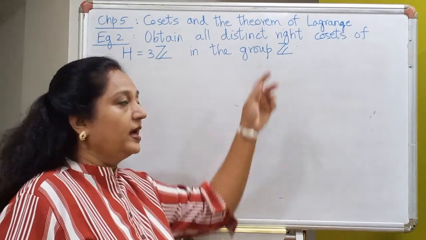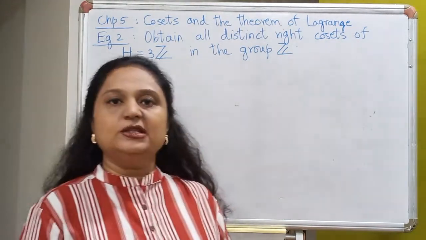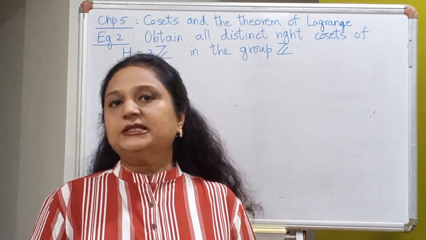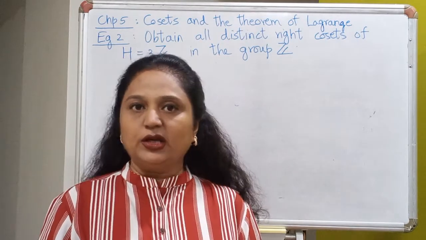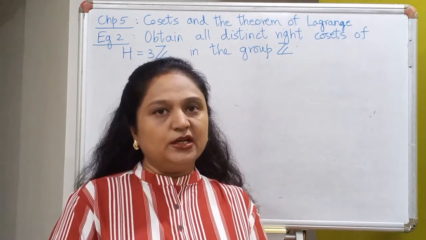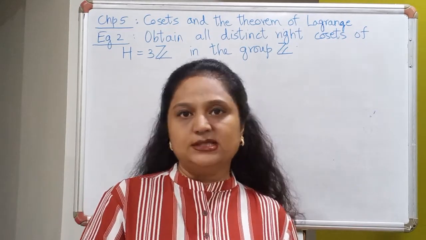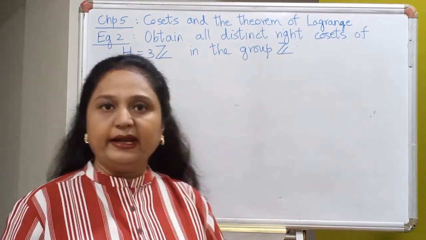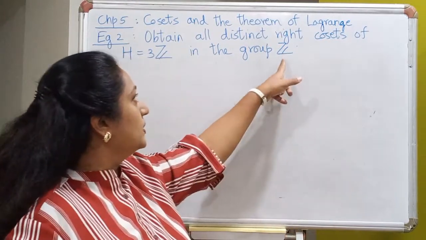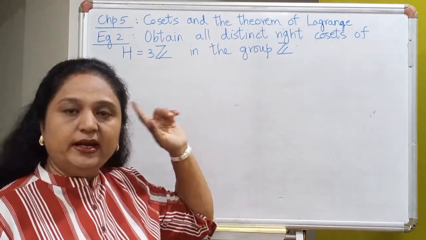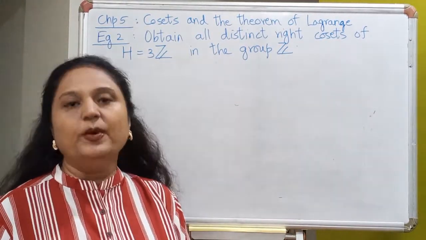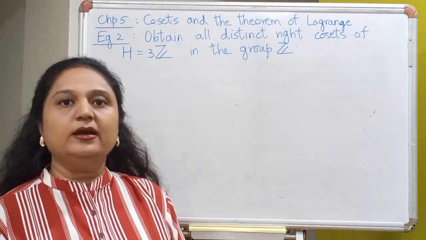Firstly, notice that the group operation on Z is not given, but anyway Z with respect to multiplication is not a group. So it is understood that we are talking about the operation of addition on Z. So we are looking at an additive group, and for this additive group, 3Z is definitely a subgroup. We are now interested in finding right cosets.